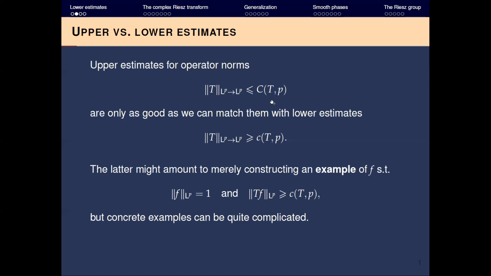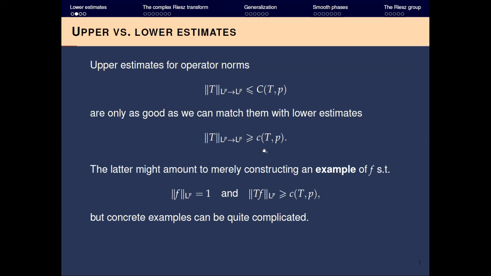Quite tautologically, the only way that you can prove sharpness of your bound is to prove certain lower bounds, right? Lower bounds for the same quantity. So, of course, it is natural to try to prove a bound like this one. And what is this bound?